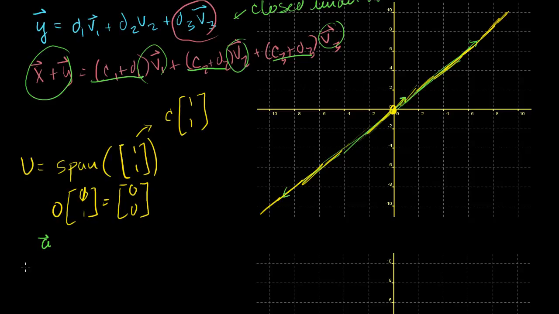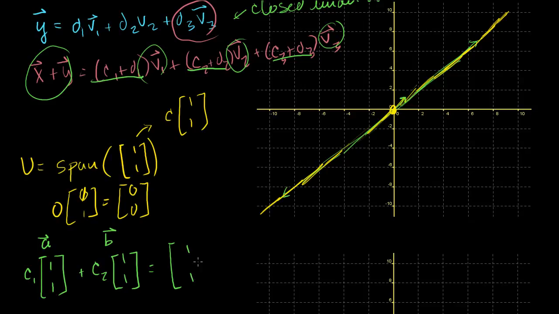I can represent it as C1, some scalar times my vector there. And then I have another vector, B, and I could represent it as C2 times my one vector in my set right there. And so what is this going to be equal to? Let me get a little more space. This is going to be equal to C1 plus C2 times my vector.